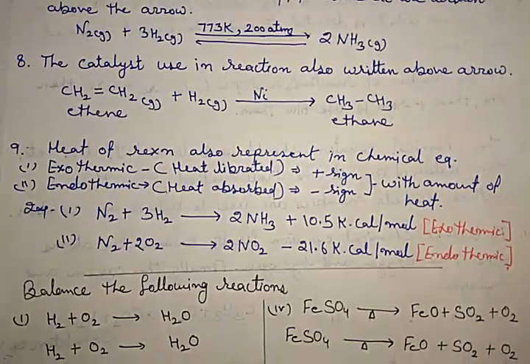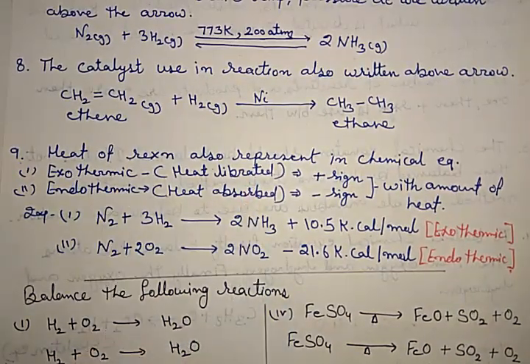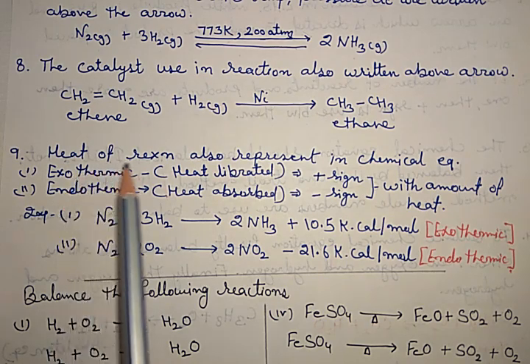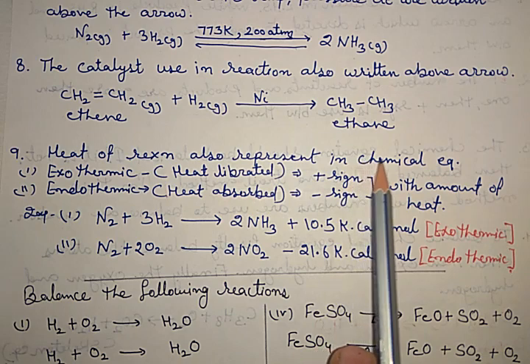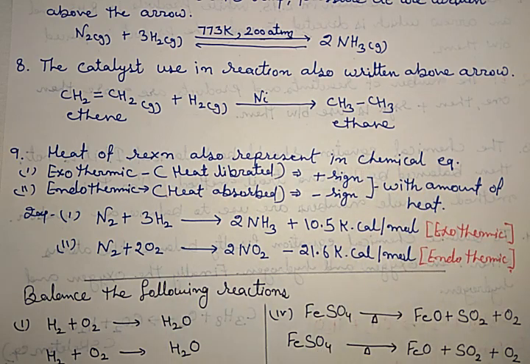Now the 9th, heat of reaction. Some chemical reactions are heat specific also. That means they require heat to complete the reaction, or in completing the reaction they release heat. That heat of reaction is also represented with the chemical equation.